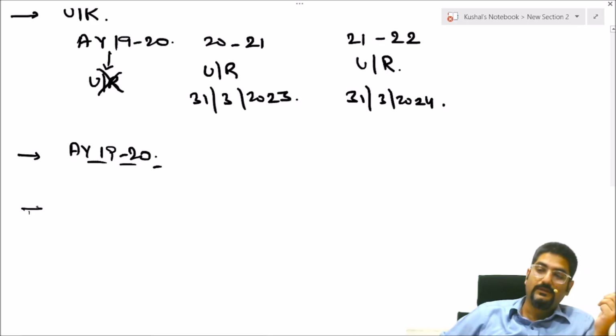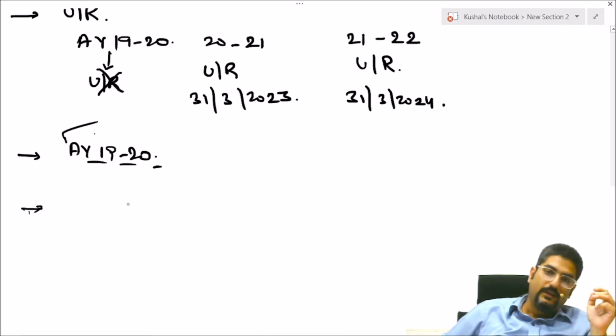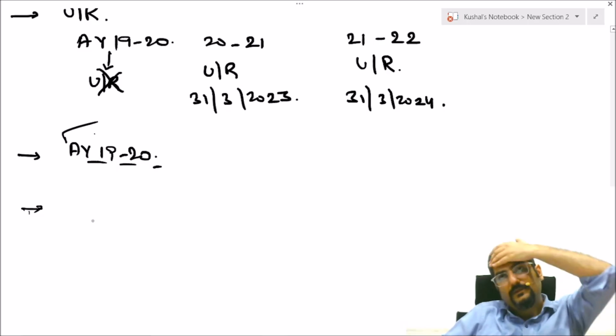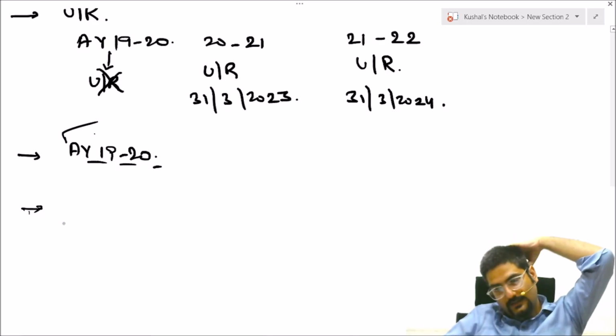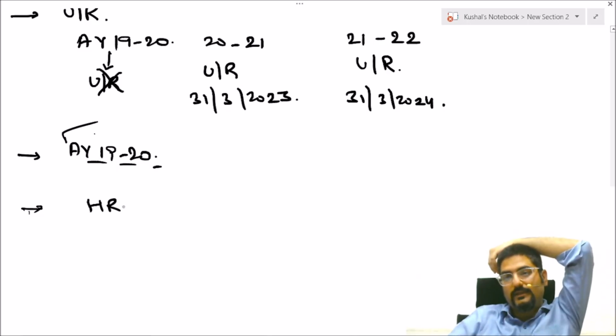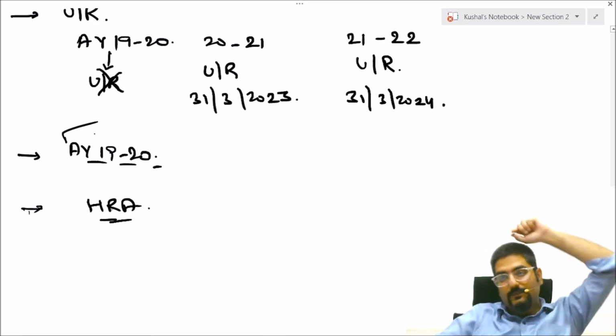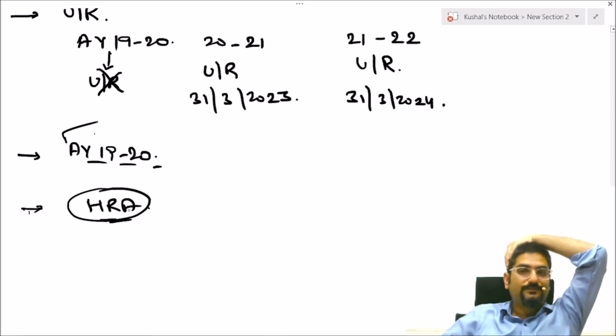And the next is the department may also dig for more information. For example, if the AY 2019-20 case has been reopened and during the assessment proceedings the department identifies that you have also claimed excess HRA exemption under section 10(13A), then the department can also disallow this, right?